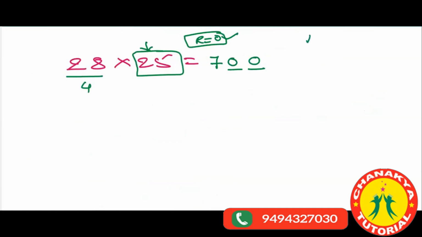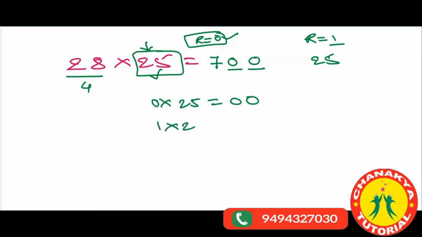What if the remainder is 1? Then the last 2 digits will be 25. Simply remember the remainder into the multiplier. Remainder is 0: 0 into 25 is 00.